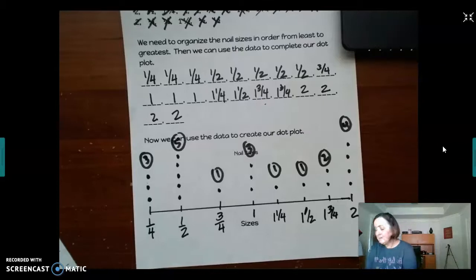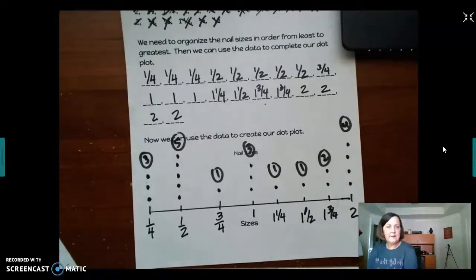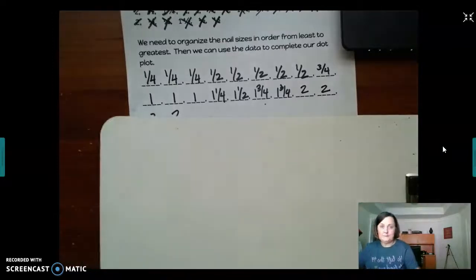A nail that was 1 2/4 inches was found on my floor. I forgot to put it on my plot, so I found it on the floor. Can this nail be plotted on the dot plot? Where could we put 1 2/4? So let's think about 2/4. Can you think of a fraction that is equivalent to 2/4?